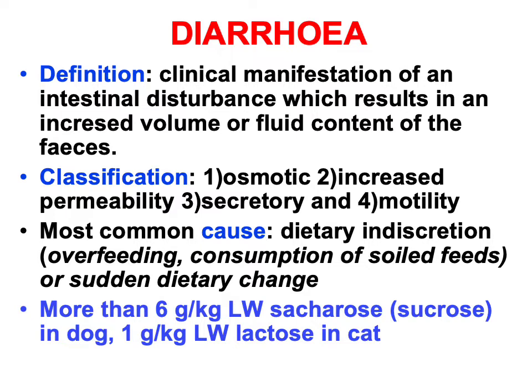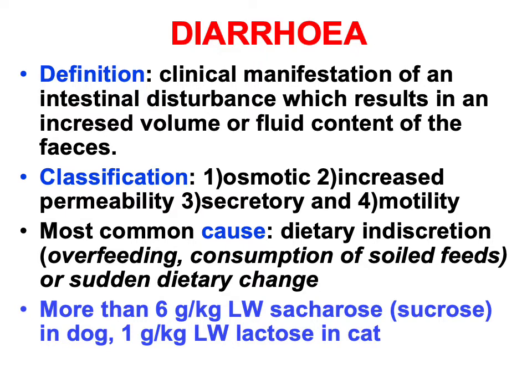The classification of diarrhea may be, according to etiology, osmotic, increased permeability of the intestinal wall, secretory, and change of motility. The most common etiologies are dietary indiscretion, such as overfeeding, consumption of soiled feeds, or sudden dietary change.